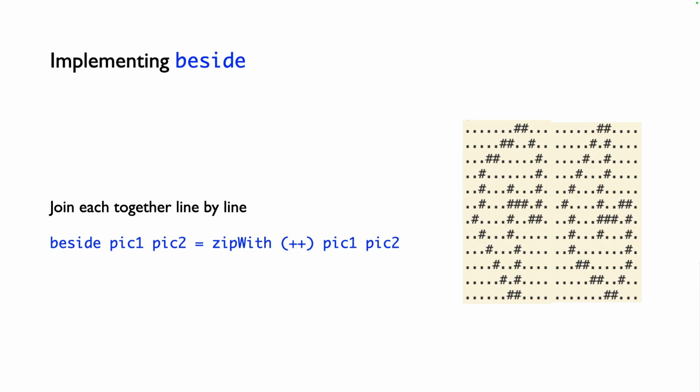So we've seen that we're using map and filter and reverse and plus plus in this particular case study, and that's why I wanted to cover this, so that you can see that a lot of this ASCII art, these pixel pictures, can be described using these standard list functions.